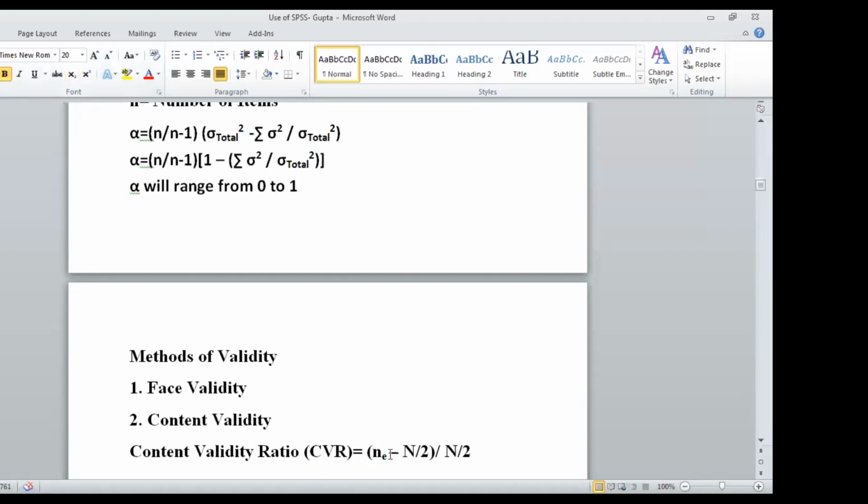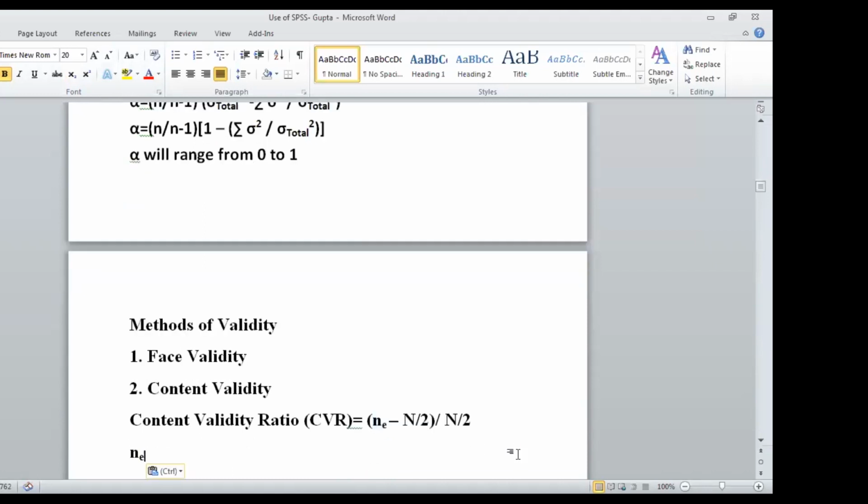You should understand that NE means the number of experts agreeing that the item is essential.